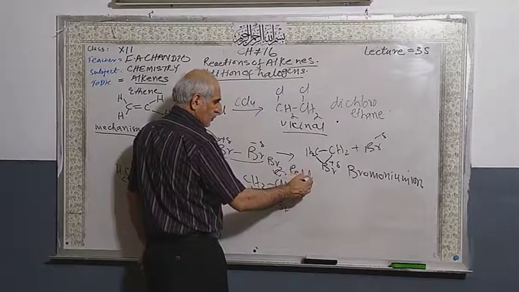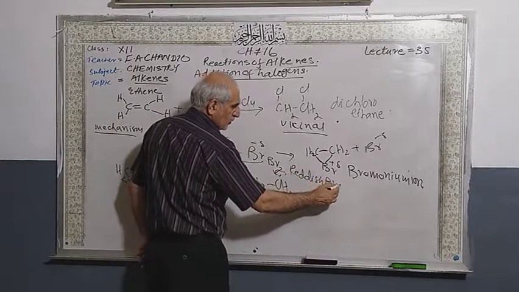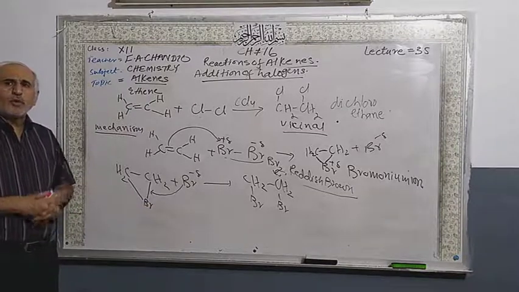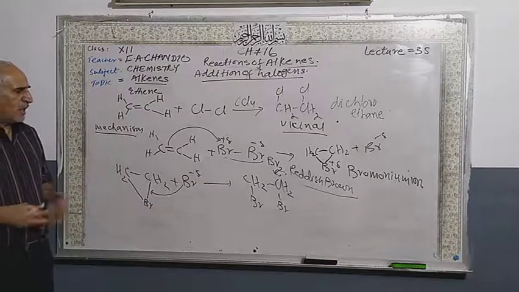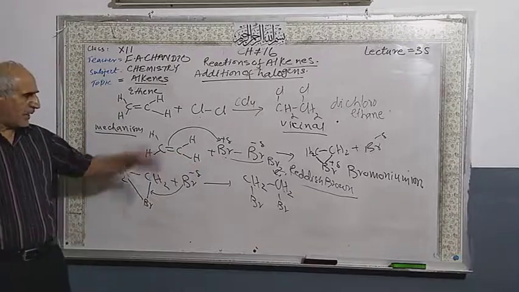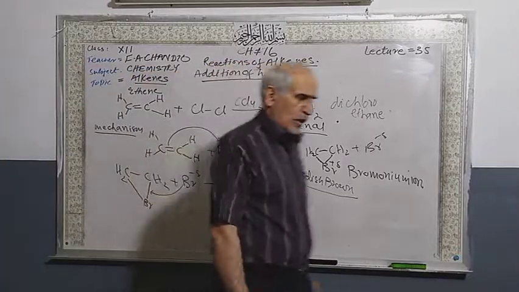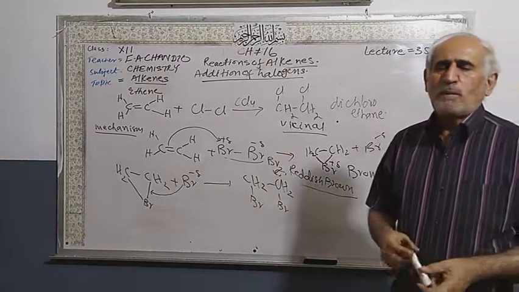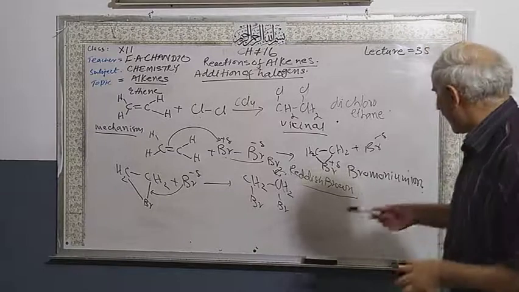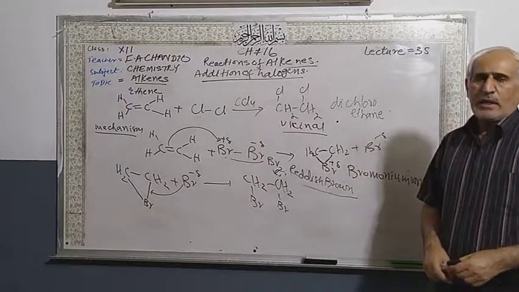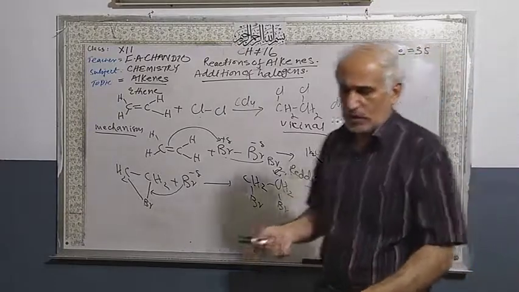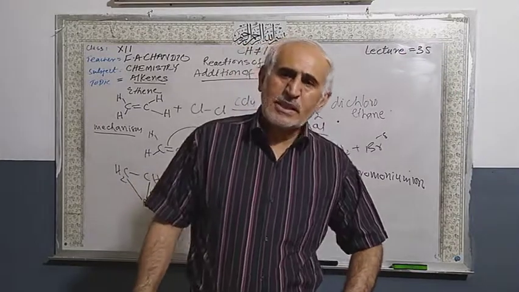When this approaches the alkene by the mechanism you are seeing here, the color of the bromine water is discharged, it becomes colorless, decolorization, and you will get 1,2-dibromoethane, a vicinal dibromide. So this is the test for unsaturation.